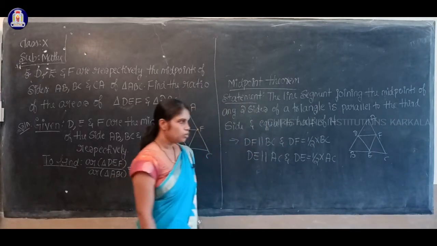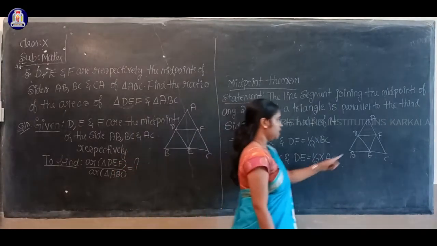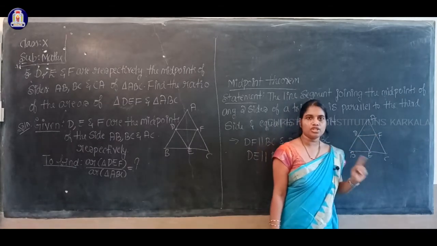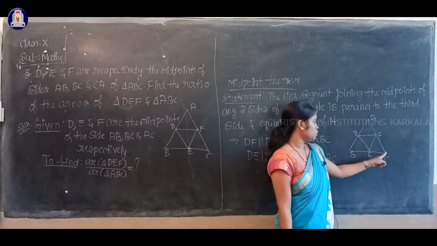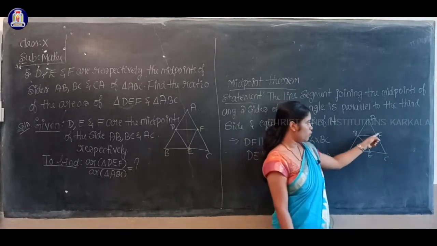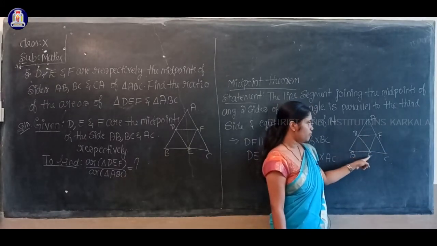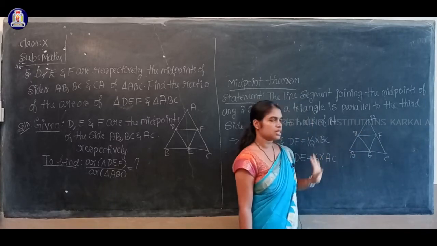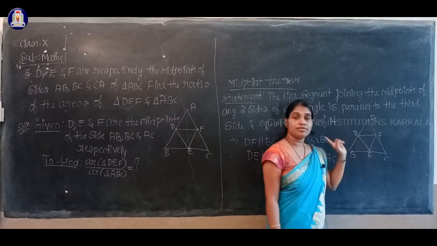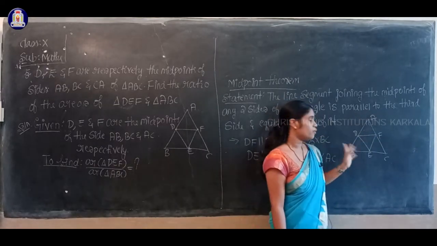Now one more side remained, which is EF. Can you observe here the line segment EF joins the two midpoints of side BC and side AC, isn't it? So the line segment EF will be parallel to the third side, that is AB. Also the length of EF will be half of the length of AB.